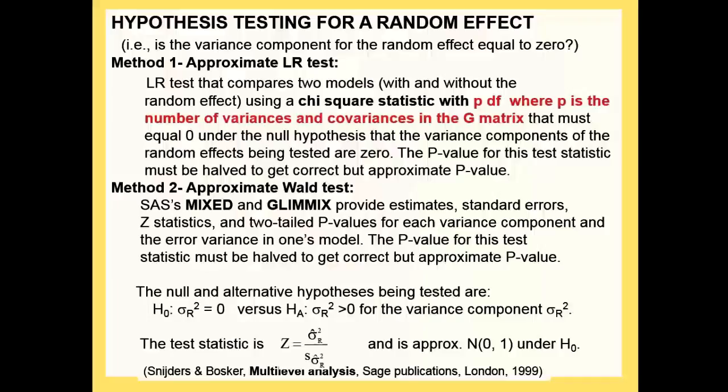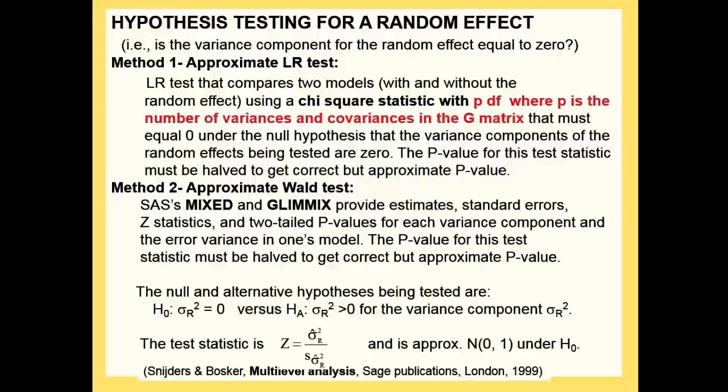And that variance of any one of those B's is called the variance component. If you want to test whether any one of those B's doesn't need to be in the model, you're testing whether that variance component, which is a variance, is equal to 0 or not. That's what you're testing.